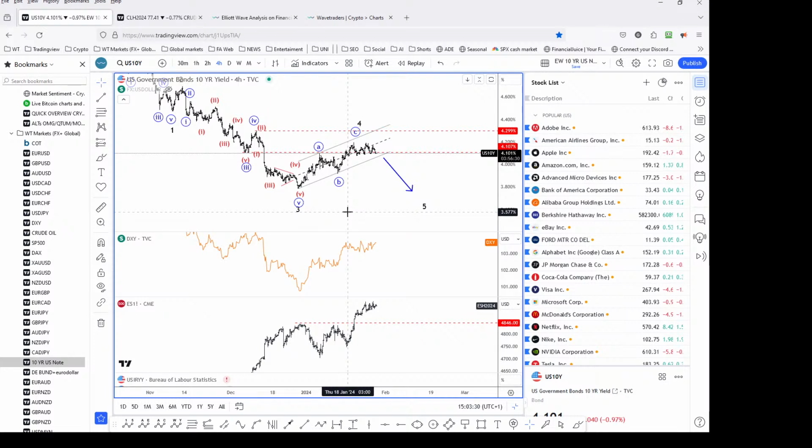If the Fed gives us some hints that they could be done with rates, or maybe even cut them sometime this year, then this could bring the US yields to the downside. It will also have an impact on German yields, and then the rate differential could send euro dollar to the upside.